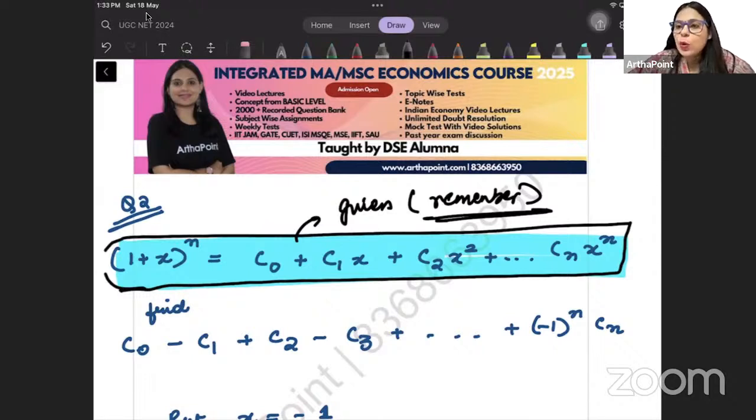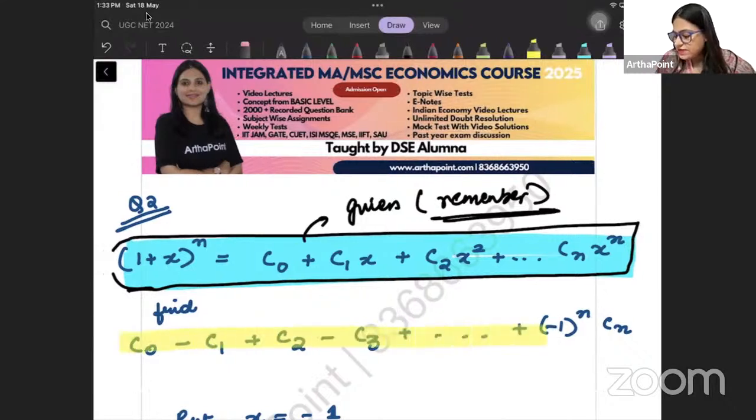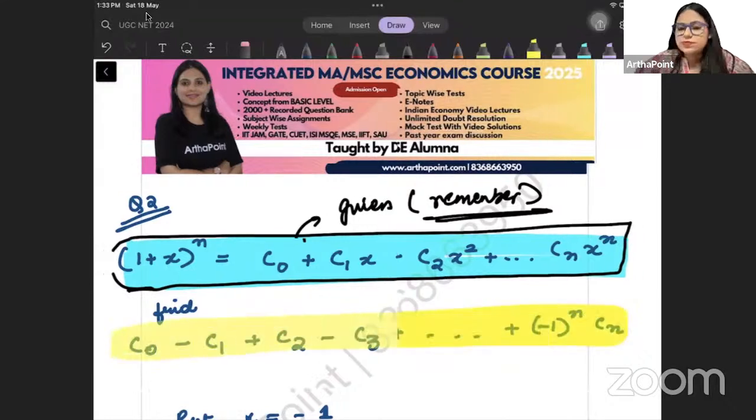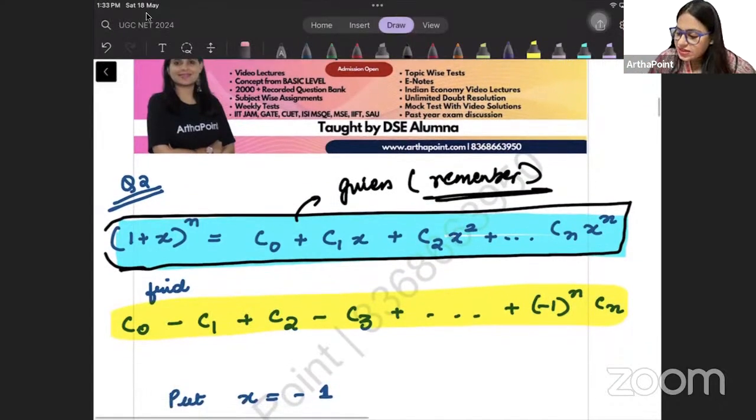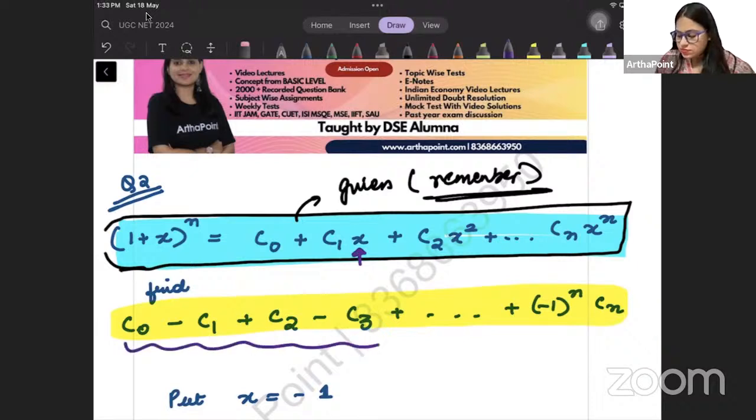Now, the question goes ahead and says find c0 minus c1 plus c2 and so on. Very simple. If you look at the right-hand side, you will realize that if I just put x as minus 1, I will get this.